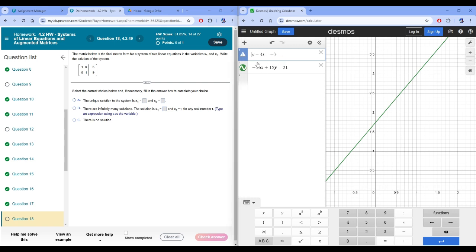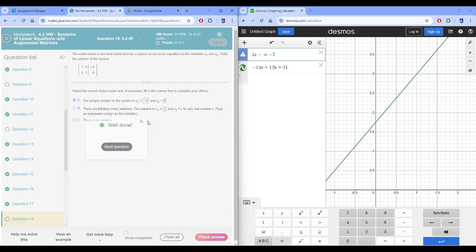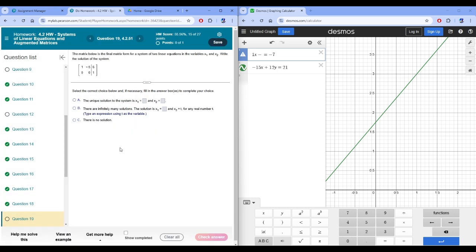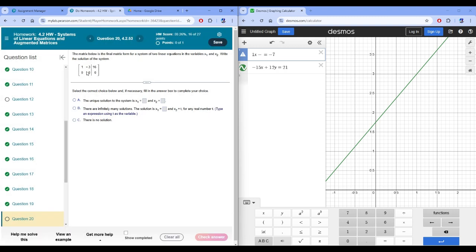This is going to be again 1x minus. Oh, this is super easy, guys. This is x equals negative 6 and y equals 9. This one is, because you have 0 is equal to 1, there is no solution. Because 0 equals 0, there are infinitely many solutions.